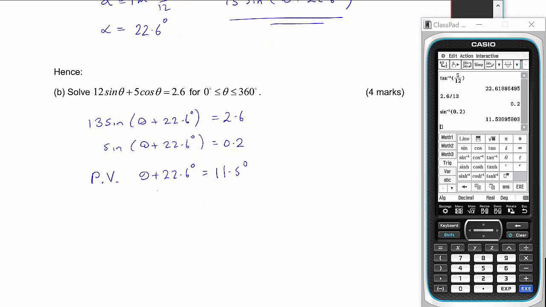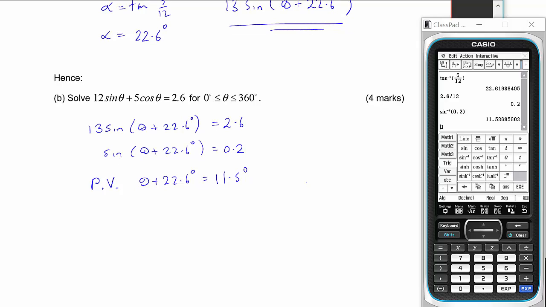Now I've got a problem there straight away in that if I just take 22.6 off each side, I'm not going to be in this correct range. So I'm going to have to pick out some solutions. So 11.5 is here. The secondary value will be 11.5. That one's going to be fine. But what I'm going to have to do is go all the way around and round another 11.5 so that it drops back into the right range.